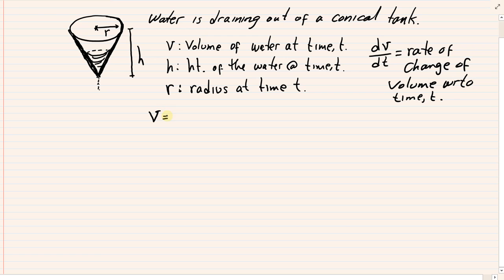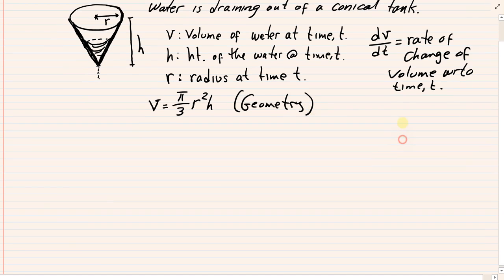So it's very important that we draw a sketch of the problems that we do in this section. Now, the volume of a cone is going to be 1/3 pi r squared h. Let's say this is from geometry. Okay, suppose we take that to be common knowledge.